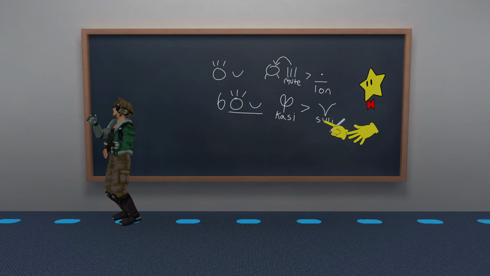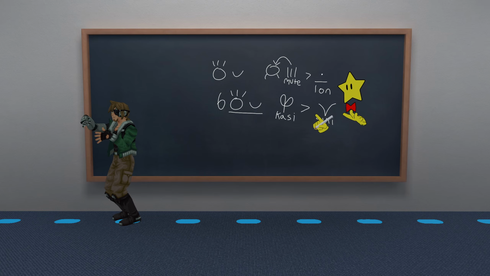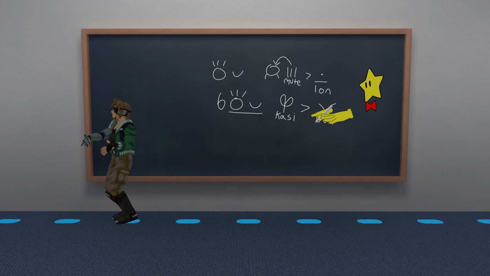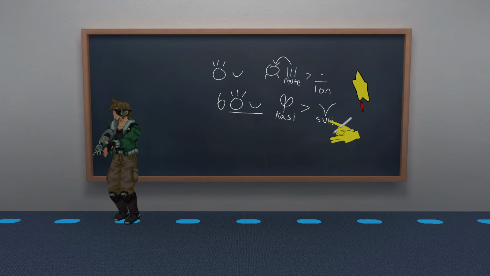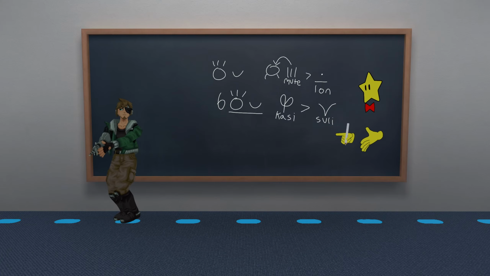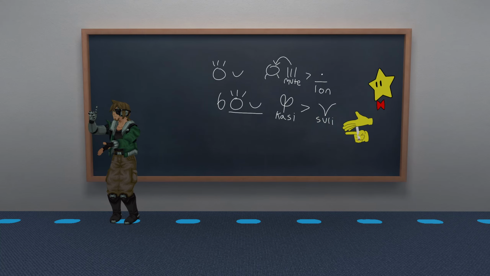And the word kasi means any kind of plant. So you could have moss on the side of a rock, or you could have grass, or you could have a flower, or a bush, or an enormous tree. All of them are kasi. And then suli. Suli means large or important. And it can be any kind of large as well. So it could be very tall, or very wide, or very long.